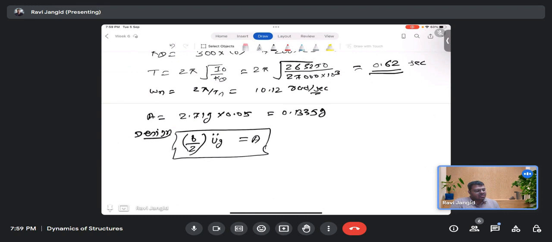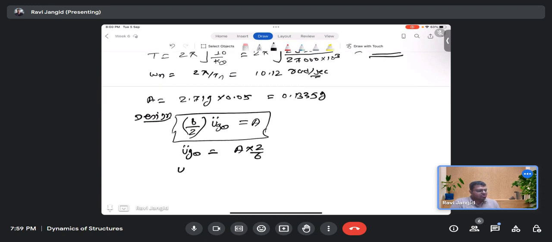So from this ug theta you can find out A into 2 over b. Only ug theta you can find out as 2 by b into A by omega n square.